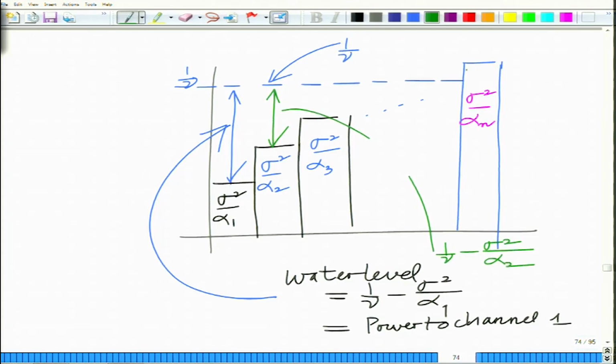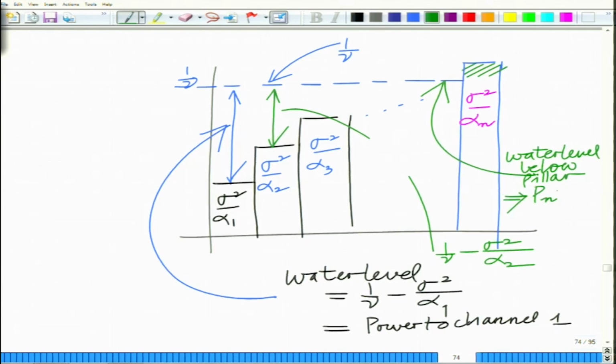And you see something interesting over here: the water level is below the pillar. This implies that Pn, the power allocated to the channel, is 0.